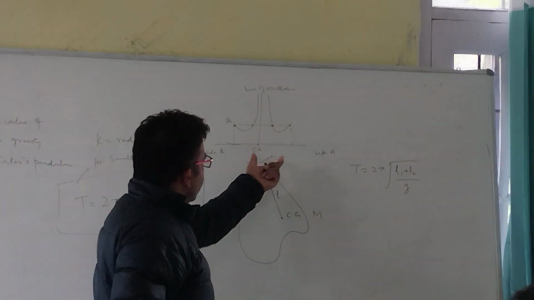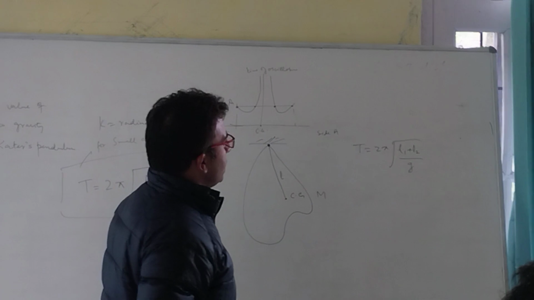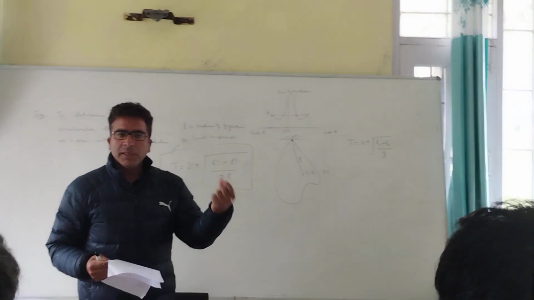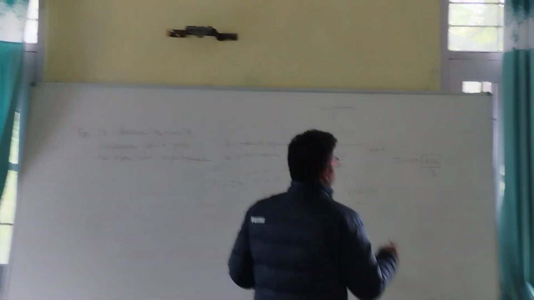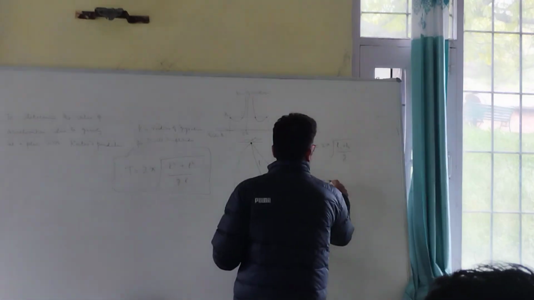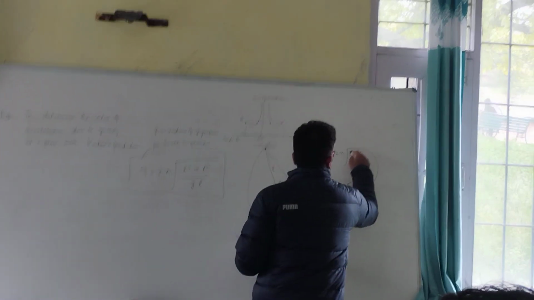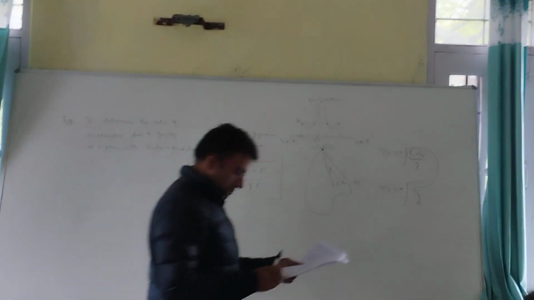Then we found from the graph these two distances, L1 and L2. Their sum was the effective length of the equivalent simple pendulum. Then we utilized the formula T is 2 pi under root of L by g for a simple pendulum, and instead of L, we put L1 plus L2.